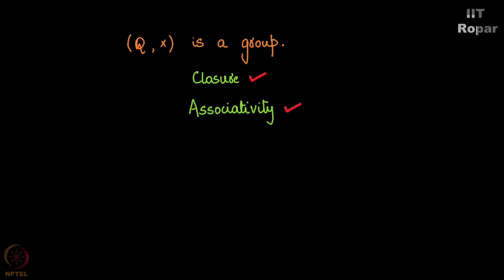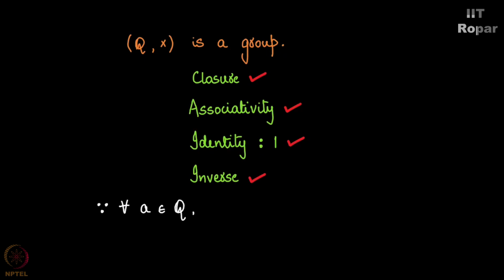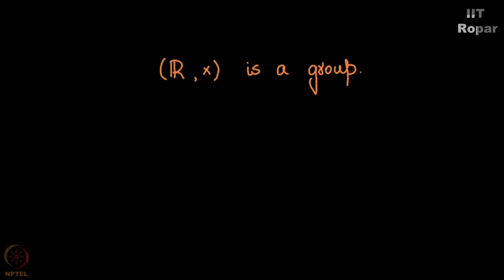Associativity is satisfied. Identity is 1, satisfied. Inverse is 1 by a, that also exists. Right? Because for every rational number a belonging to Q, there exists 1 by a belonging to Q, such that a into 1 by a is 1, and hence it is a group.